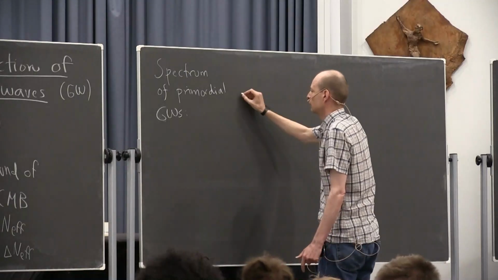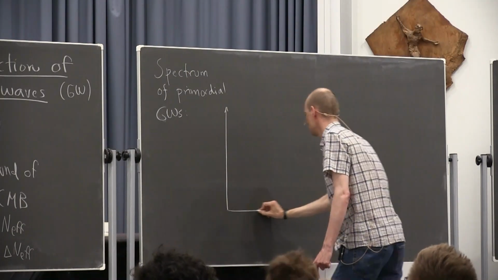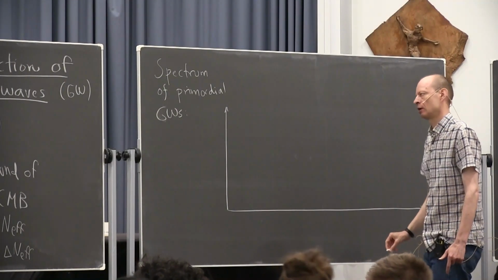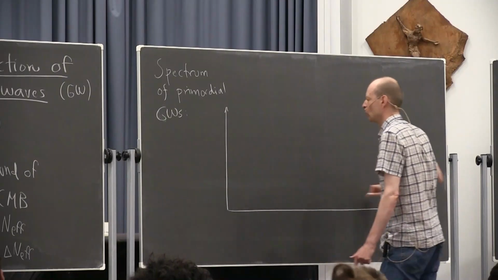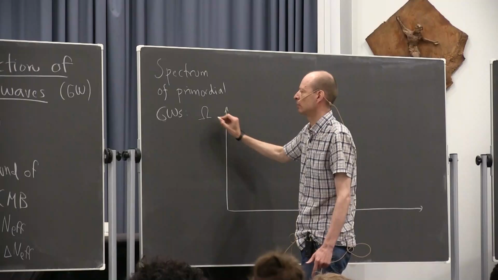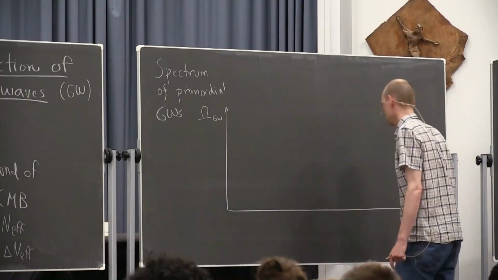I think you will be shown a lot of these kinds of plots in the later lecture on gravitational waves, but what one can plot, for instance, is this omega, the energy fraction that we saw this morning, but now in gravitational waves.